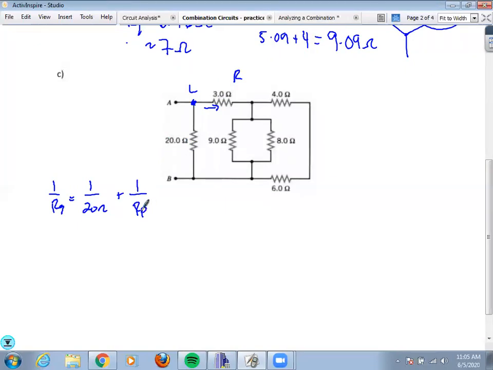So we're just going to draw the right side here. On the right side we've got 3, and then there is a parallel. On the left side, it junctions again, the 9 and the 8.